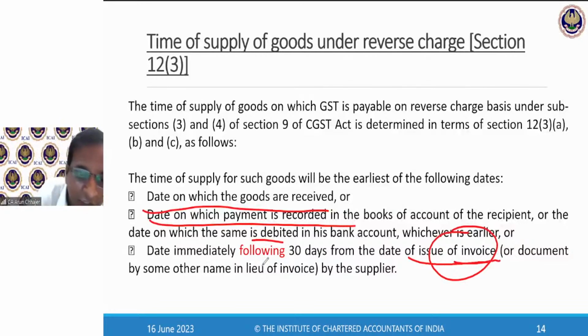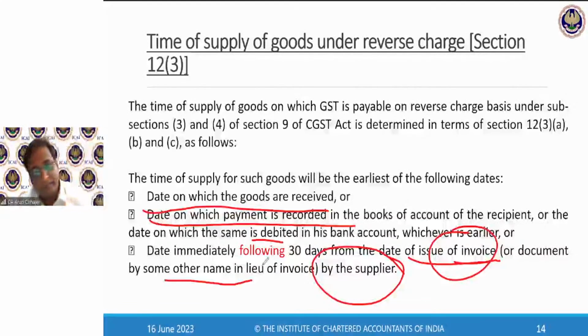Invoice or any document by whatever name called issued by the supplier. Let's say an agriculturist is making the supply and issues some kacha paper. The recipient needs to make the self invoice, but for counting 30 days, we will consider the invoice or the document issued by the supplier.